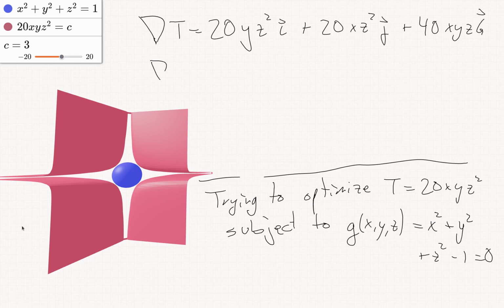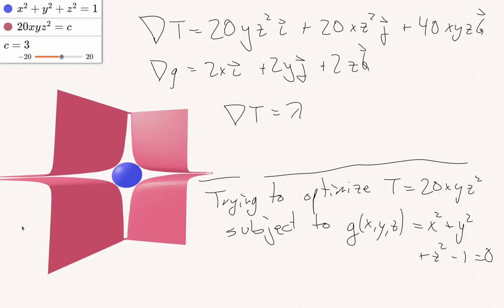And nabla g is 2x i plus 2y j plus 2z k. And then our equation for Lagrange multipliers is nabla T is lambda nabla g.